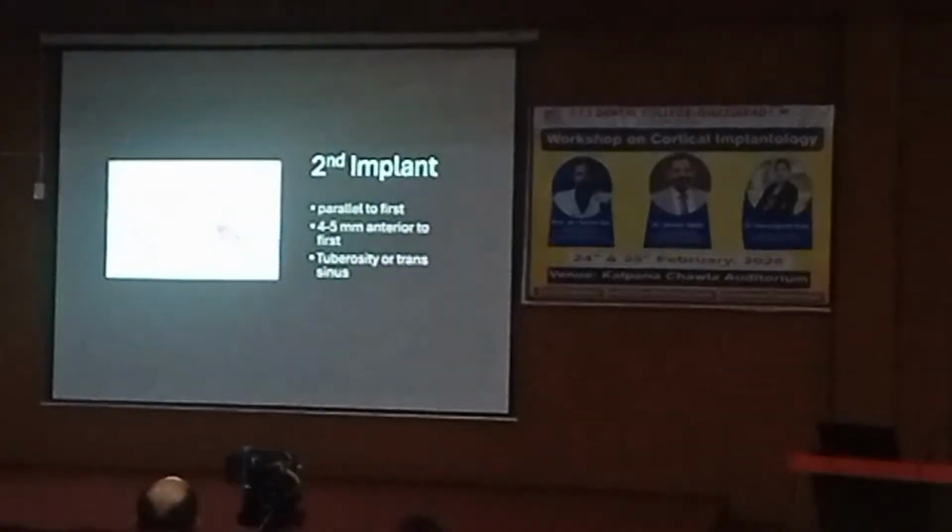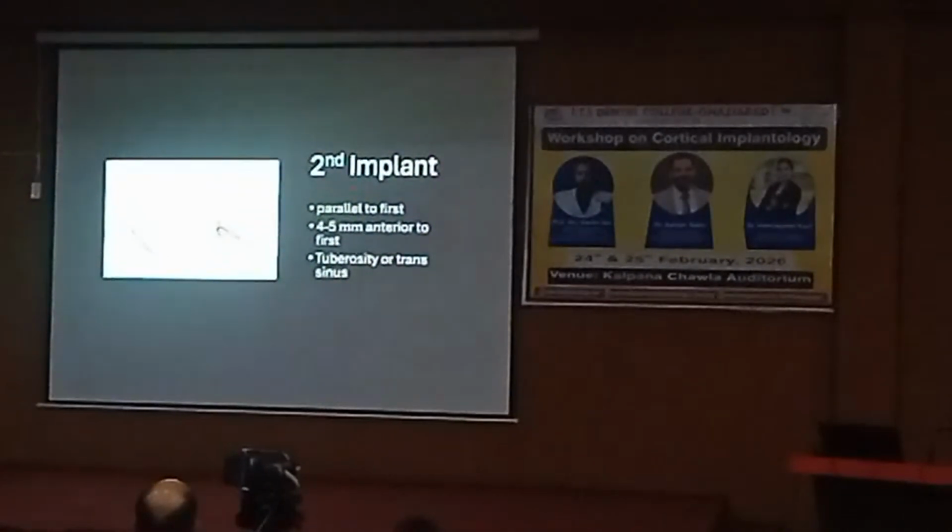So this is the second implant. If we have placed the first implant, the second implant will be parallel to the first and 4 to 5 mm anterior to it. We can place it from the tuberosity or transsinus. So implants 1 and 2 both are in the tuberosity into the fusion zone. This one is transsinus. Look, we went perforating the sinus and into the fusion zone.